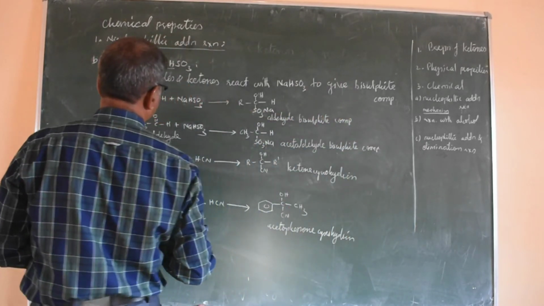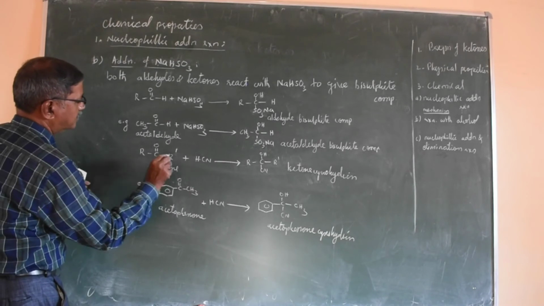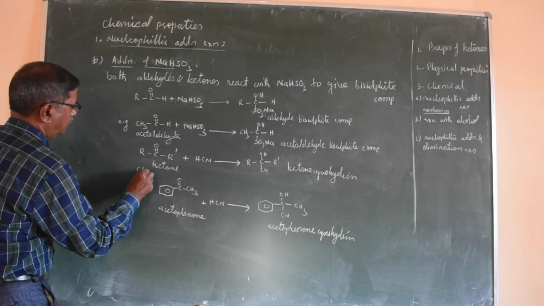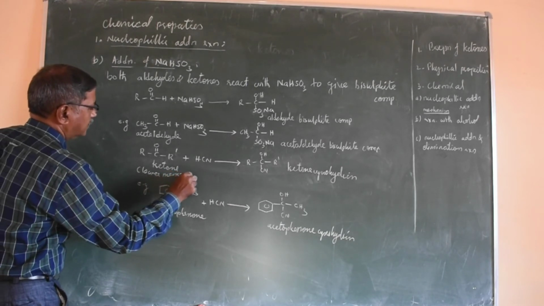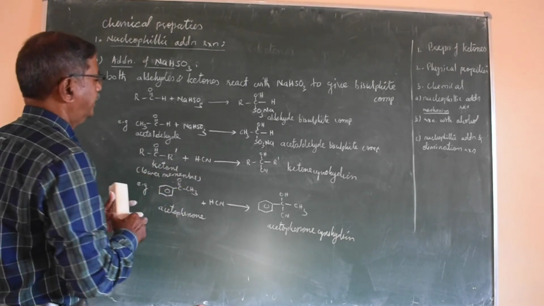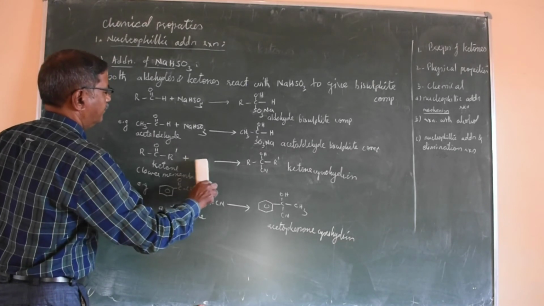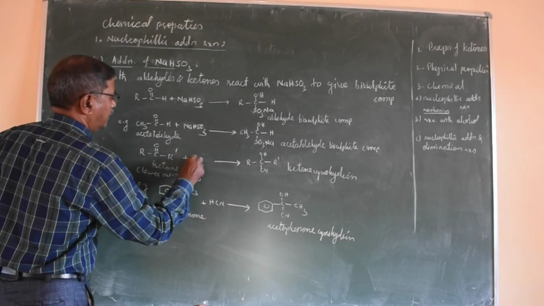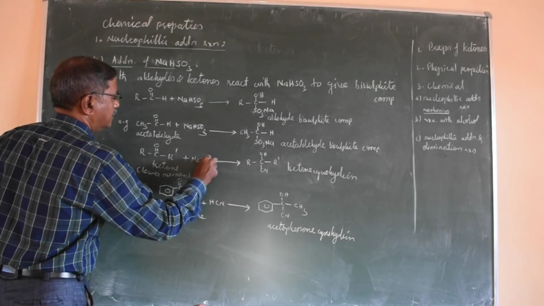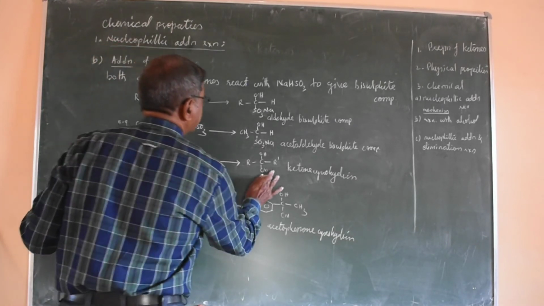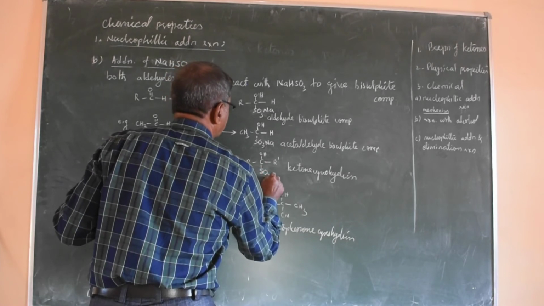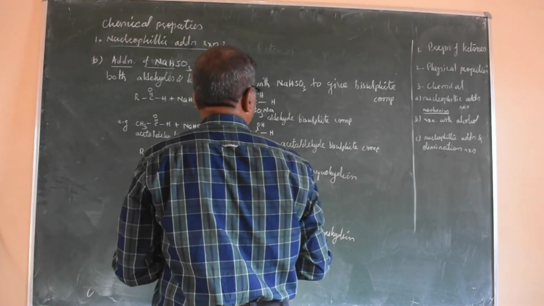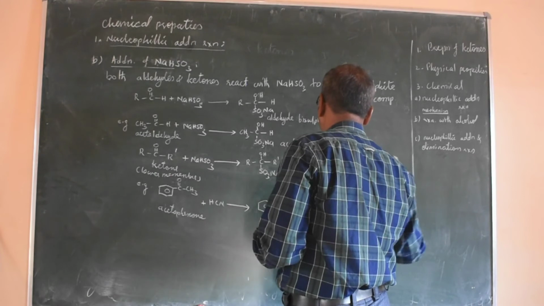For ketones, only the lower members of ketones react with NaHSO3 to give the product with OH and SO3Na. The product is the ketone bisulfite compound.